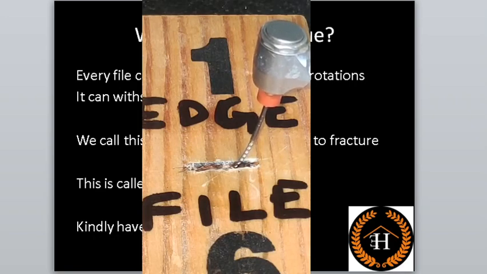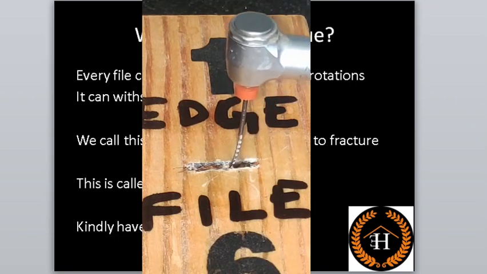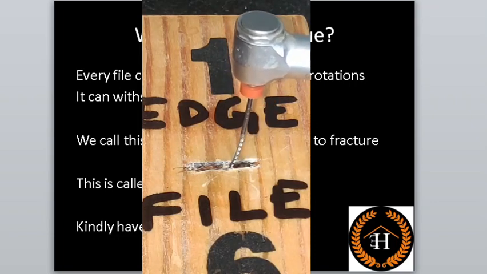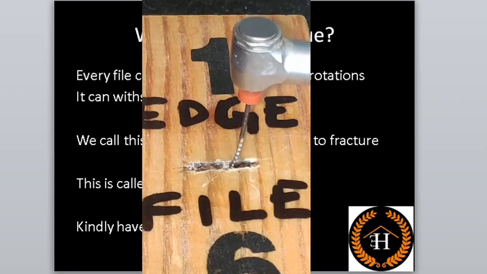These files at present have the longest cyclic fatigue resistance, whereby you will be able to negotiate a curve without any risk of separation. Have a look, this is at 90 degrees. I am applying pressure also. Everything I am doing to break the file.